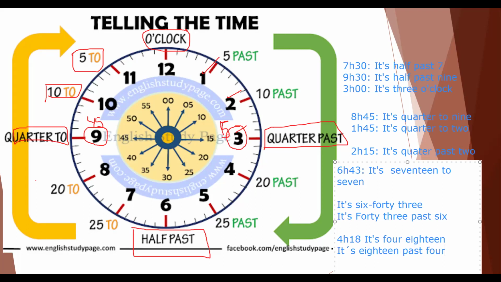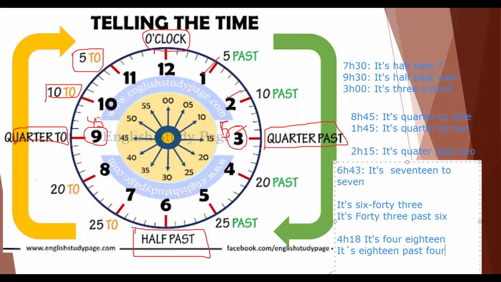Aquí yo no voy a usar to porque el 18 está de este lado donde están las partes del minuto 5, 10, está por aquí el 18, ¿verdad? Entonces yo no voy a usar la preposición to, porque la preposición to la uso por acá, desde el minuto 25, 20, por acá, ¿ok?